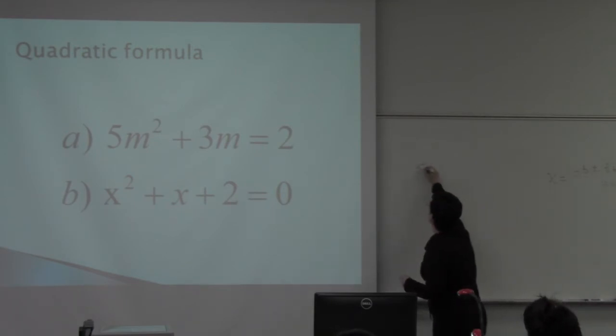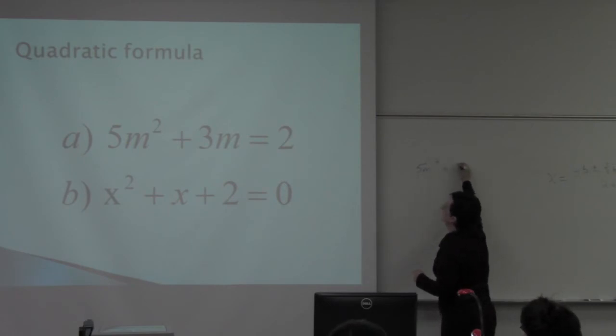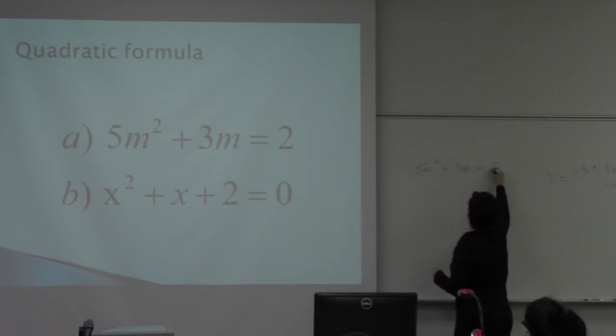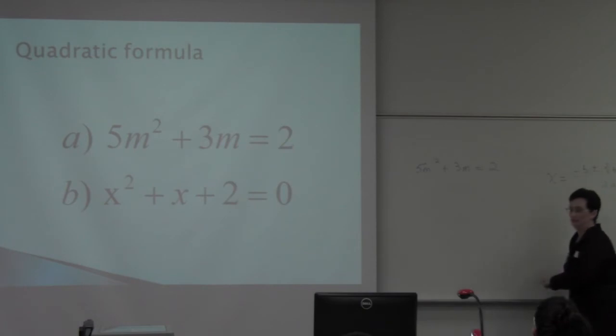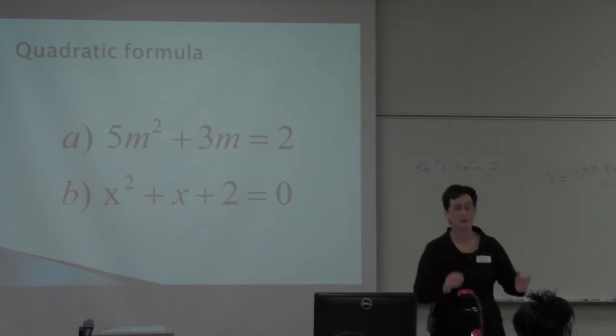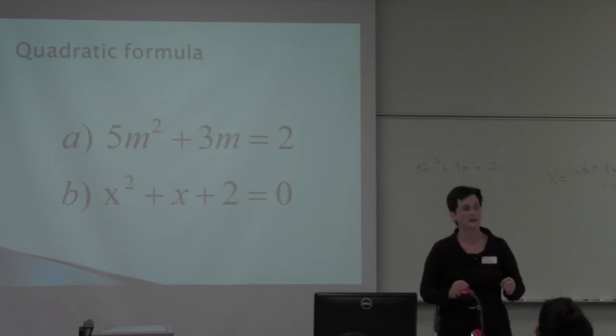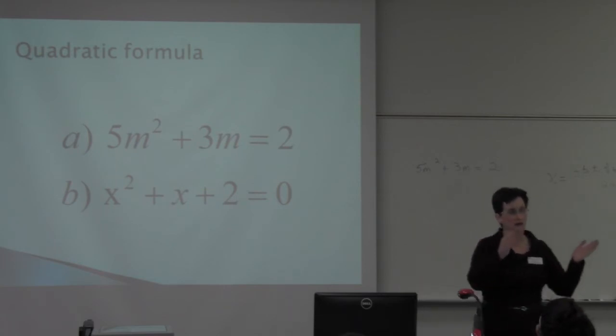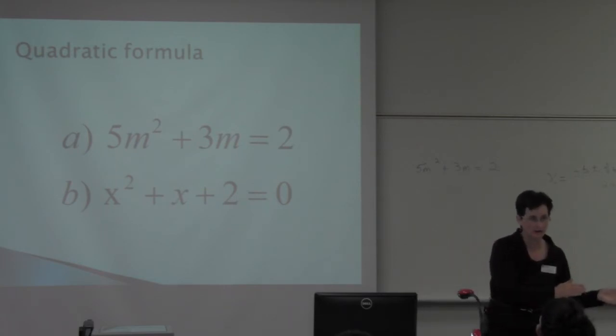We have 5m squared plus 3m equals 2. First of all, and probably most importantly, where did we start?